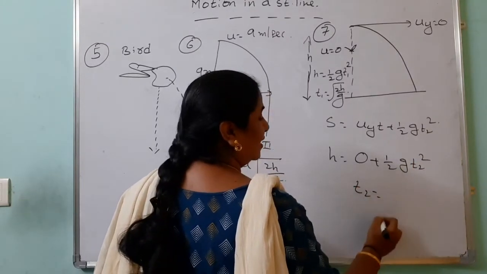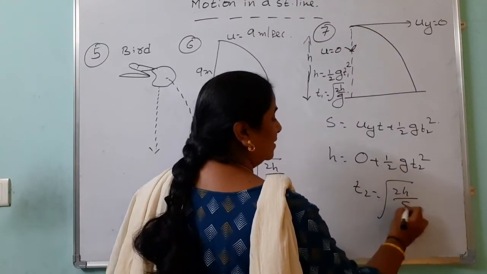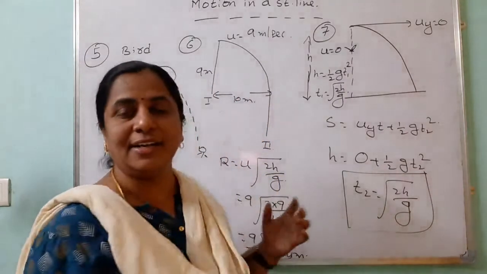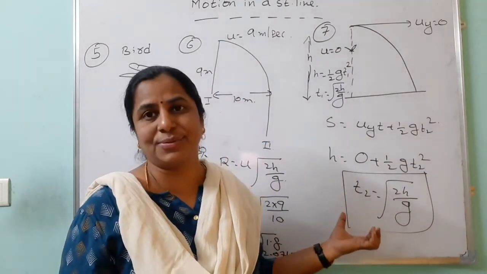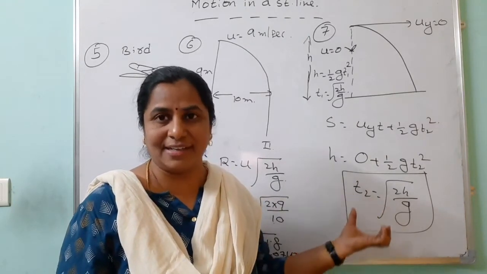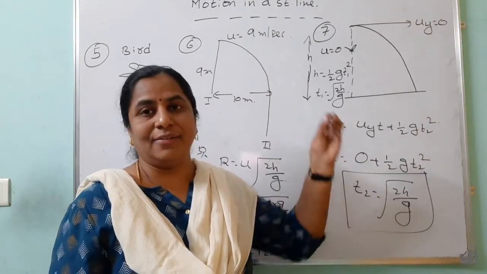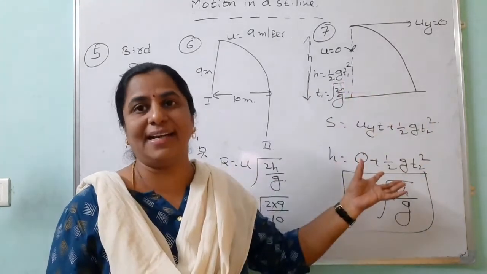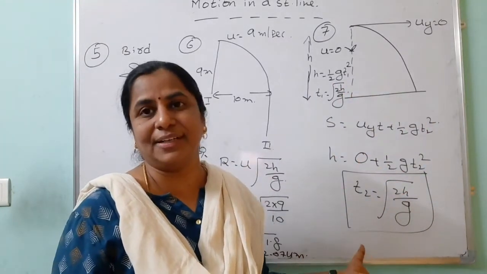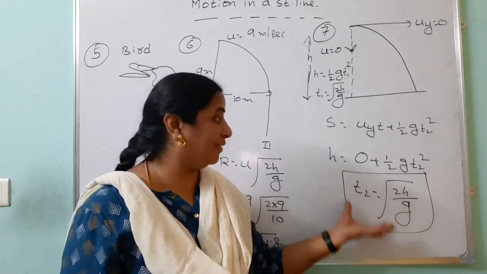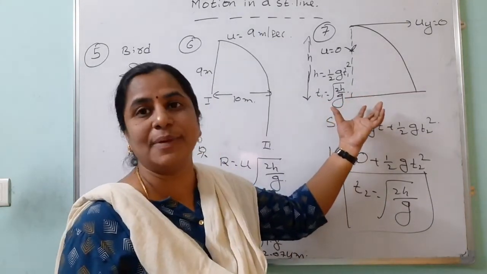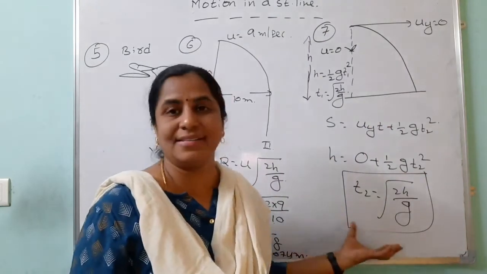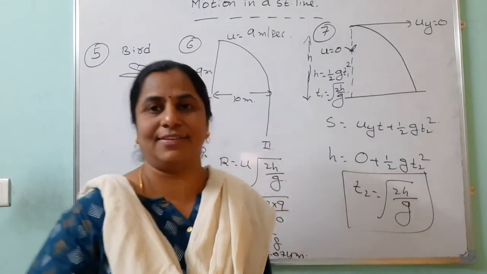Then t2 equals under root 2h by g. Whether we throw or drop from a certain height, both stones reach the ground simultaneously. Both take the same time. Why? Both bodies start at the same time, and the height is the same, so both reach the ground at the same time. First case is under root 2h by g, and second case is also under root 2h by g. It purely depends on the height of the tower.